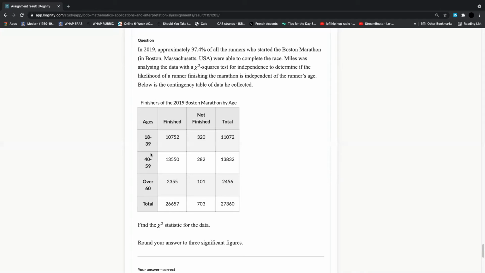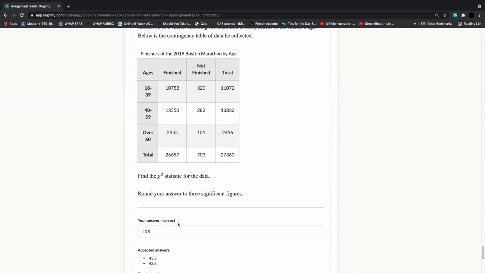Oh no, stat, test, my bad. Go all the way down, find chi-square test, and then you would get the chi-squared statistic of 43.4660. And then when you round it to 3 sig figs, you will get 43.5, which is also really simple.